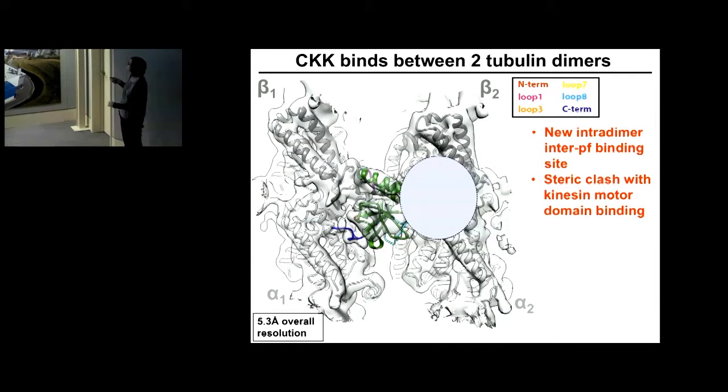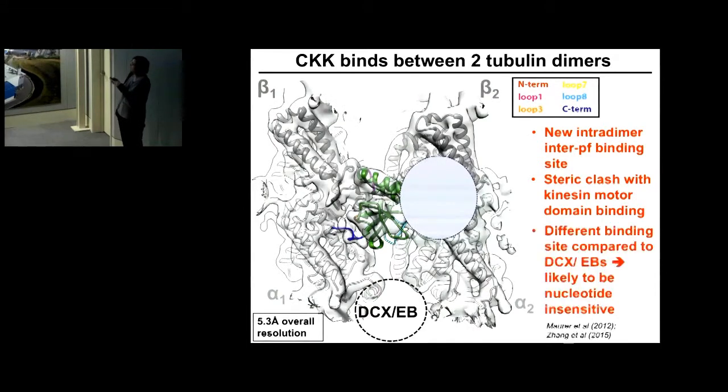What you will also hopefully remember is that this is a binding site that's 4 nanometers away from where I showed you Doublecortin is binding with the microtubule. So there are different implications from that alternative binding site.